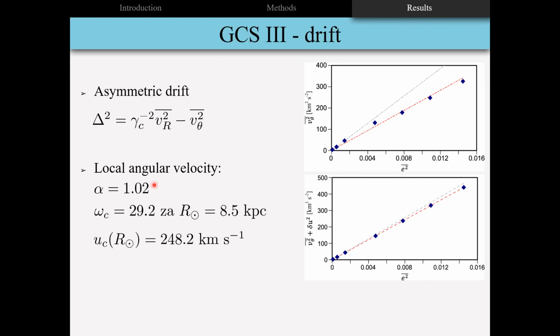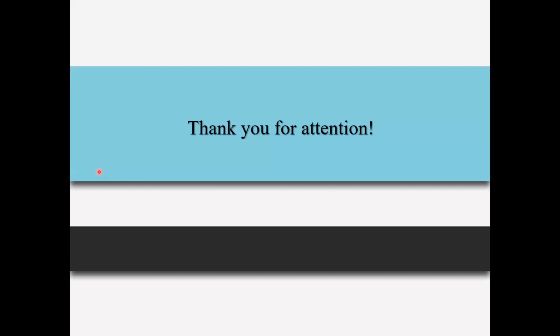So alpha at the end was calculated by these models, and in the final value we decided to choose that 1.02 is, let's say, the one that best describes the model that we chose.